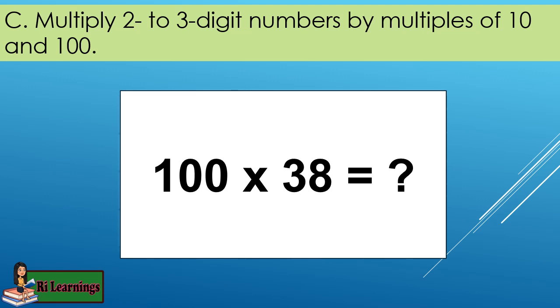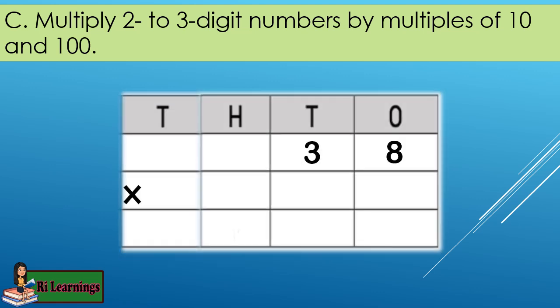Let's try this example. 100 times 38. Let's follow the steps we used in the previous example. Step 1. Take the number in multiples of 10 as the multiplier. 100 will be our multiplier. Step 2.